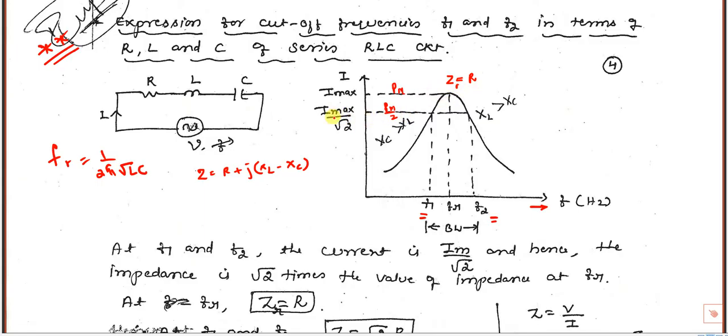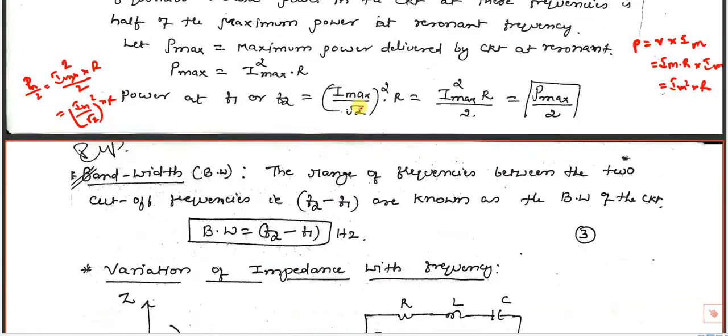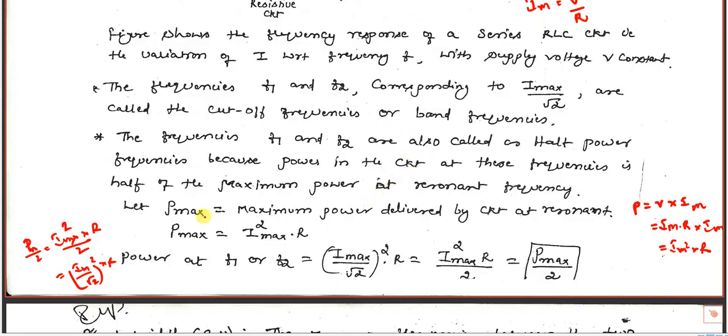Current at this point is given by Im by root 2. I explained here why it is root 2: P max is I square into R, and I max square we can write as Im by root 2 whole square.